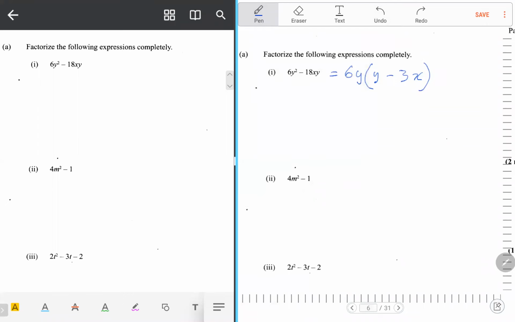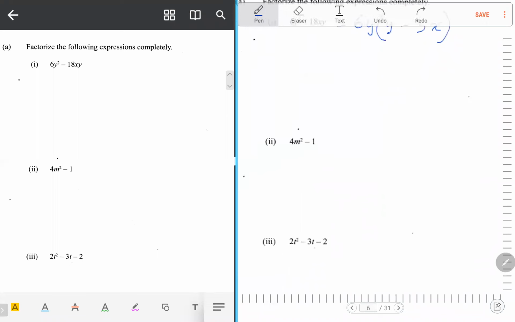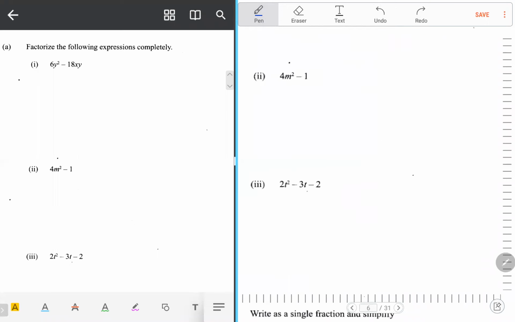All right, the second question down here is the difference of 2 perfect squares now. And you have to know the type of factorization that you can get in the exam. You know the type that you can get, when you see it, you'll know. You have to also remember that 1 is a perfect square, and that's what got a lot of persons in this question. They don't realize that 1 is a perfect square. So this can be written as a difference of 2 squares. 4 is a perfect square, and the m squared is a perfect square.